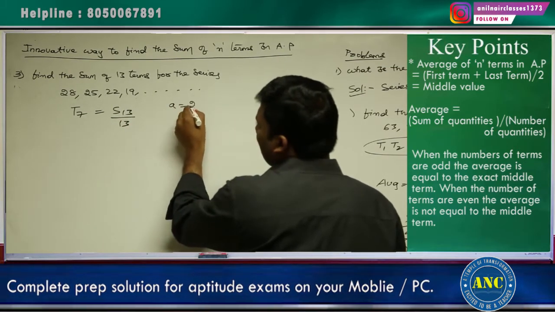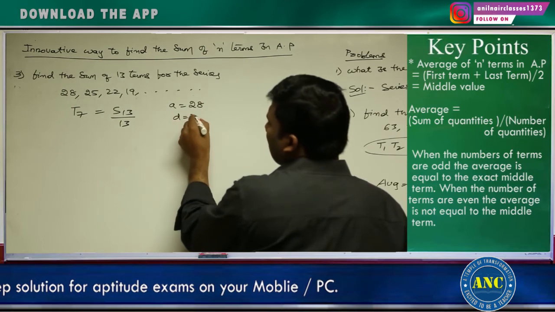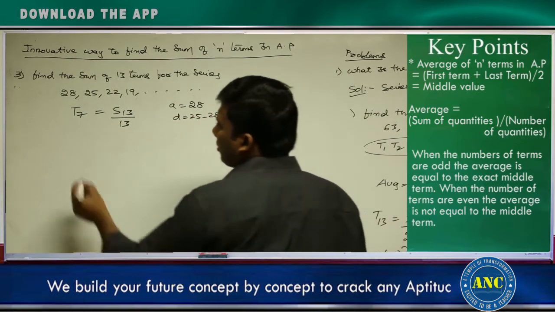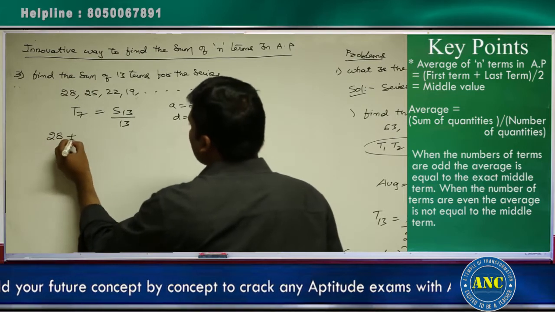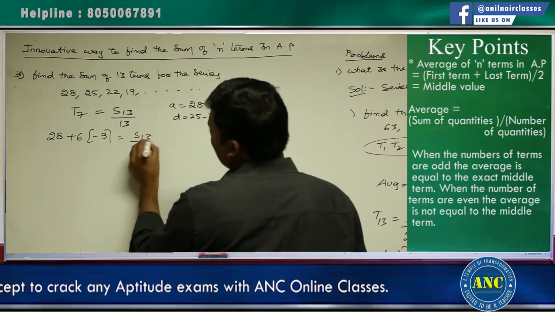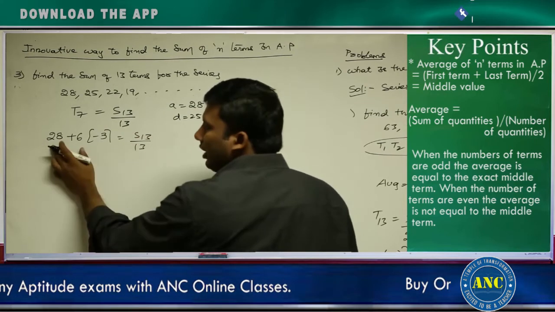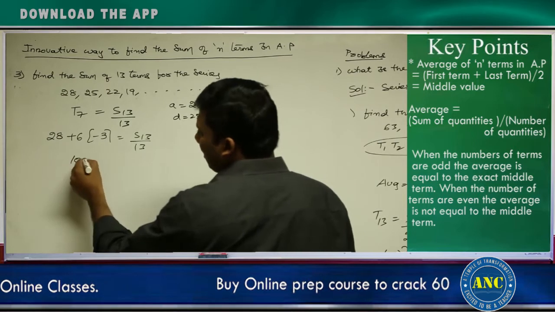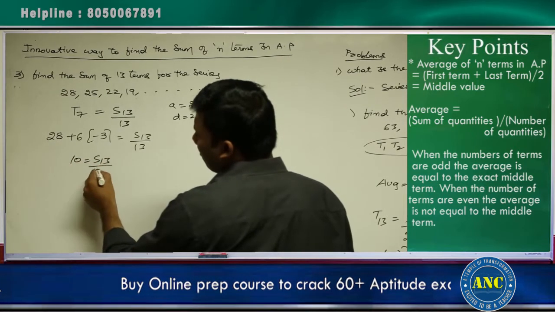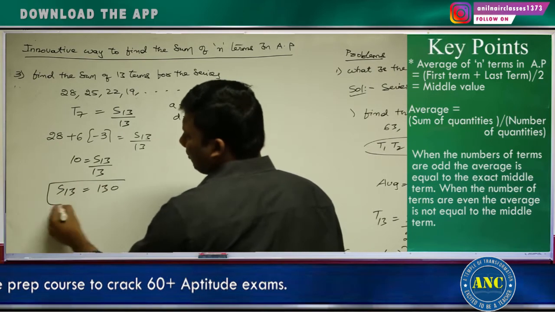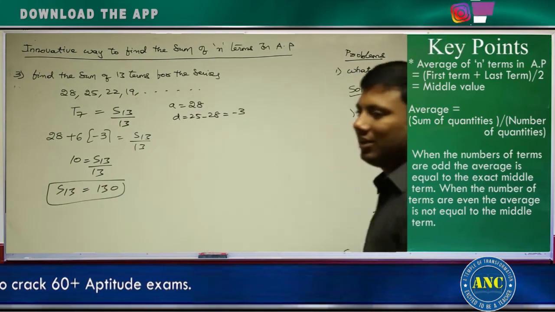A is 28, D is 25 minus 28, which is minus 3. So 28 plus 6 into minus 3 equivalent to S13 by 13. 28 minus 18 is 10. 10 equivalent to S13 by 13. S13 will become 130. Once you understand, these are all very easy problems. Clear?